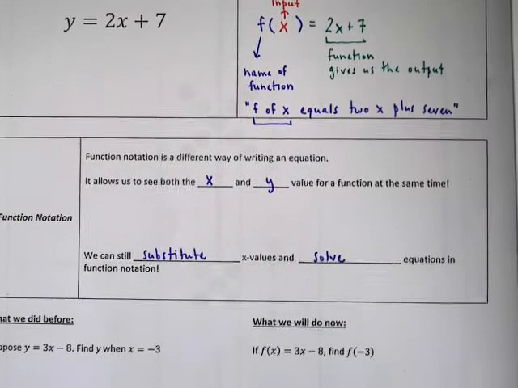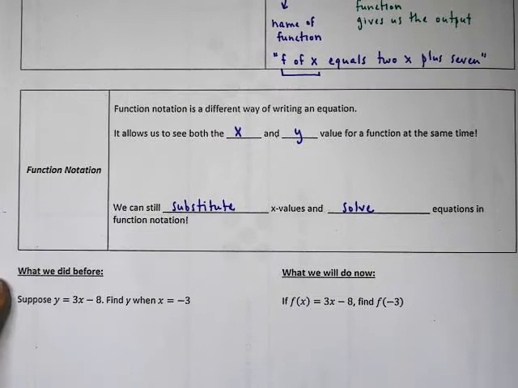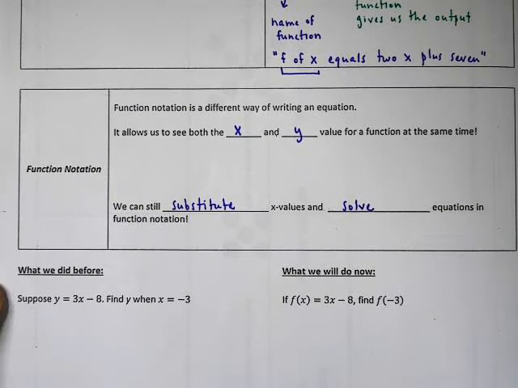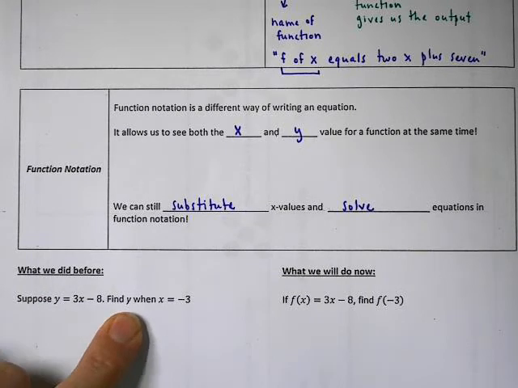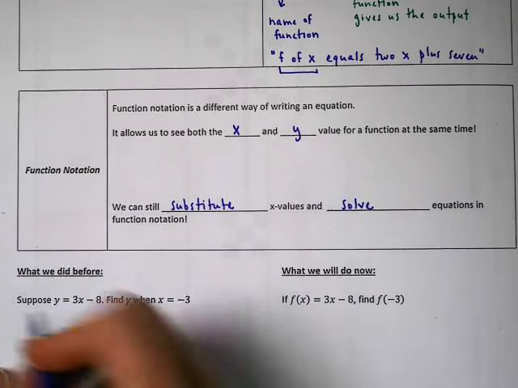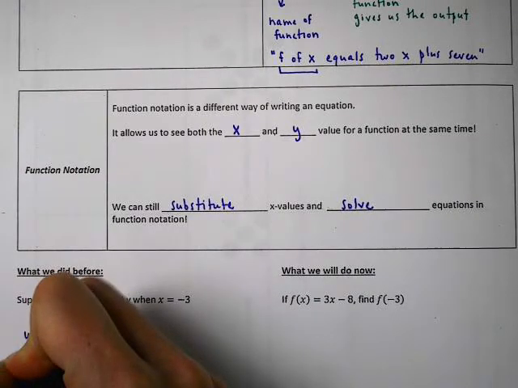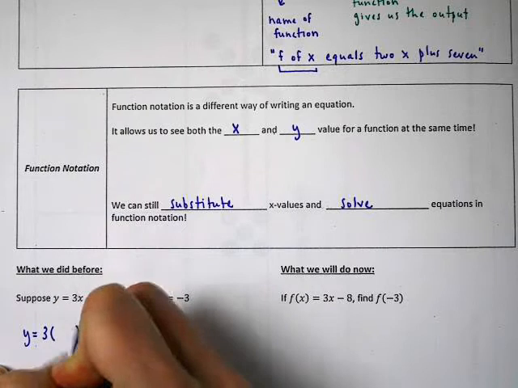Okay, so here's what this is going to look like. We have a problem here. This is kind of what we did before. So our equation would say, suppose y equals 3x minus 8. That was our equation. And our directions told us to find y when x equals negative 3. So remember, we would take our equation y equals, and we'd copy everything down, but we kind of left a place for that x.